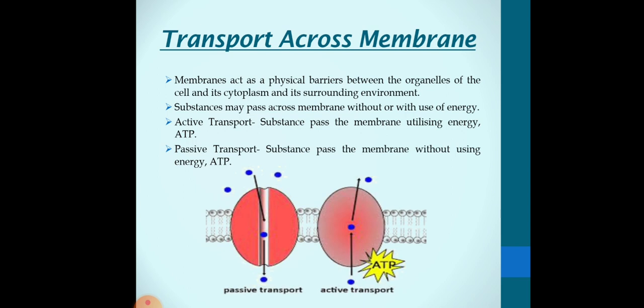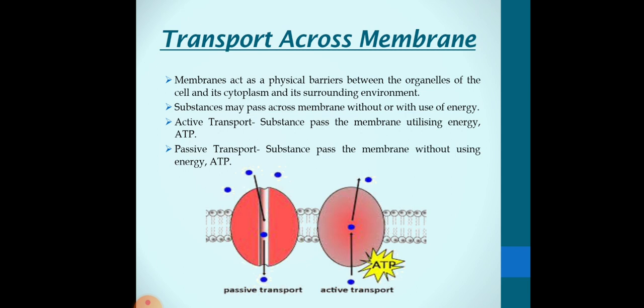In this diagram, you can see passive transport and active transport. In the passive transport, you can see that blue molecules are moving from one part of the cell to the other part, and they are passing the membrane automatically without using any energy. Whereas in the right side of the diagram, you can see the blue molecules are moving from one part of the cell to the other part by using energy.